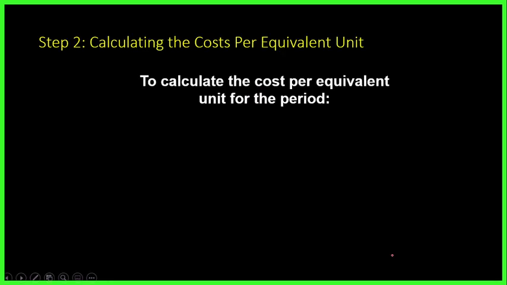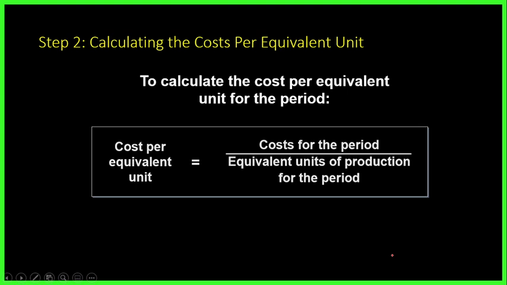Okay? And then, step 2, you calculate the cost per equivalent unit for the period. So, as we said earlier, this will include the beginning balance, the cost from the beginning work in process, plus your cost this month. We like to call it cost this month, which is actually your total manufacturing cost for the current period.